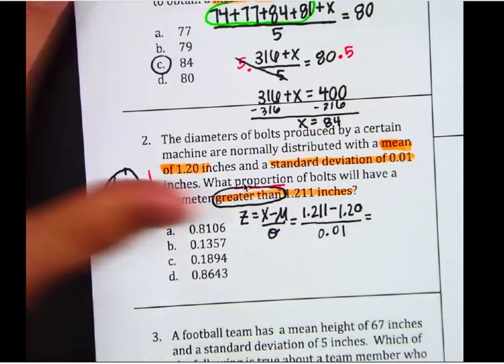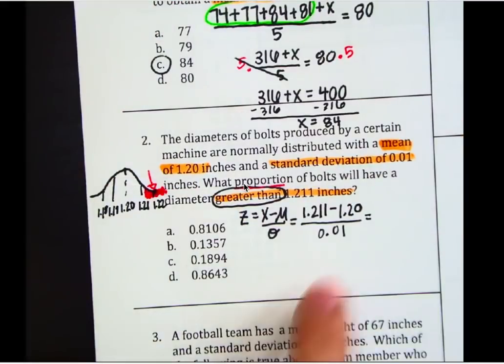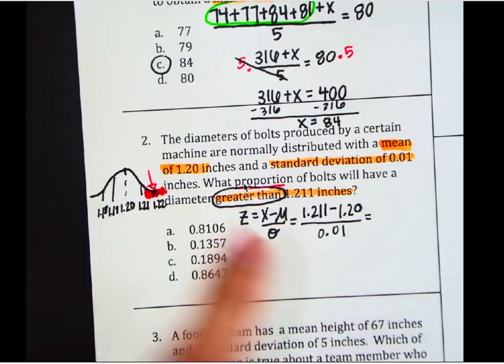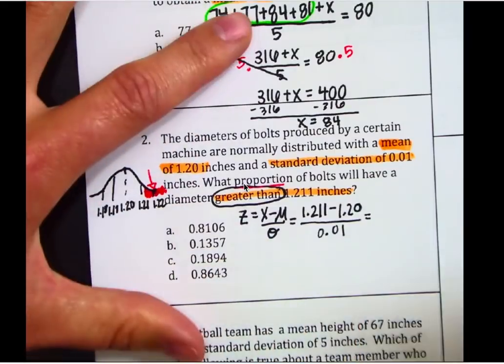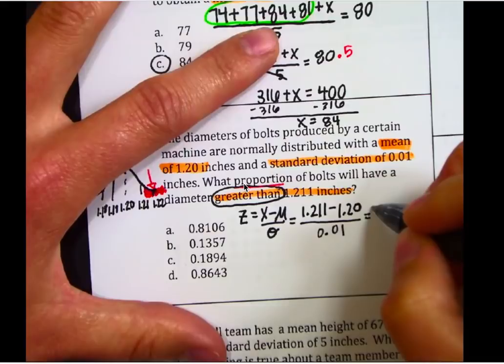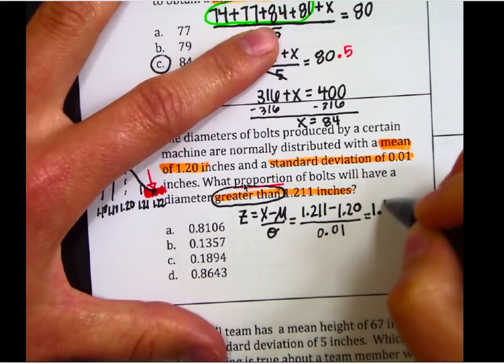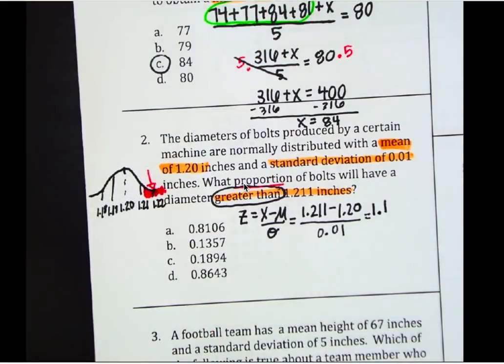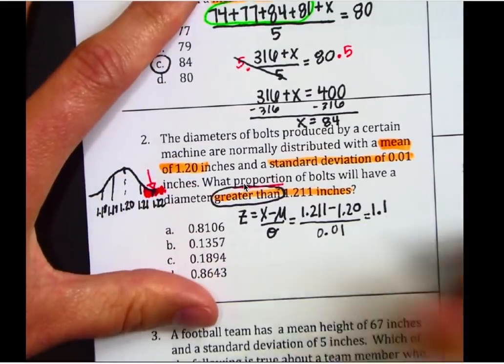So we're going to use our calculator to subtract and then divide by 0.01, and we get a z-score of 1.1. Let me just double check that real quick. Okay, 1.1.